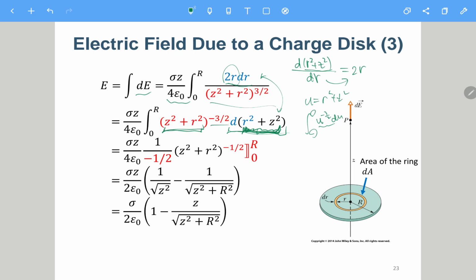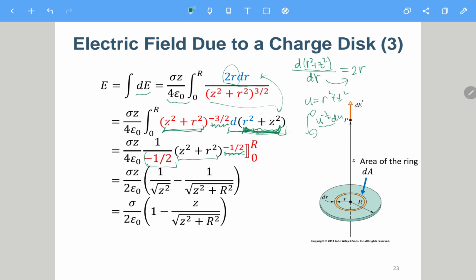So the power is negative 3 over 2, which means that the antiderivative is this thing to the power of negative 3 over 2 plus 1, so it becomes negative 1/2. And then we also need to divide by this.